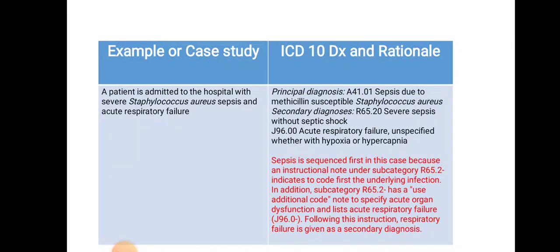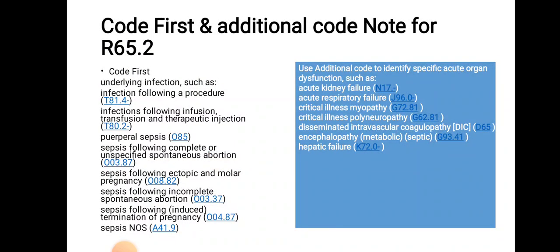Now in addition, subcategory R65.2 has a use additional code note to specify acute organ dysfunction. Since it is severe sepsis, there will be an acute organ dysfunction. There is a separate list of additional codes with R65.2, for acute kidney failure, acute respiratory failure, critical illness myopathy, critical illness polyneuropathy, intravascular coagulopathy, encephalopathy and hepatic failure.